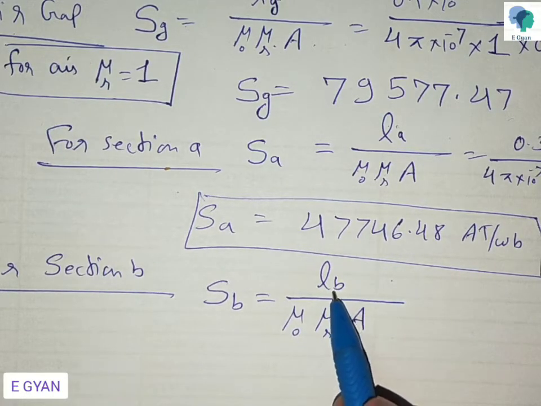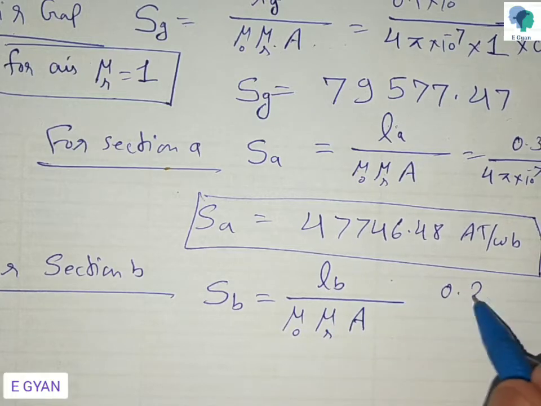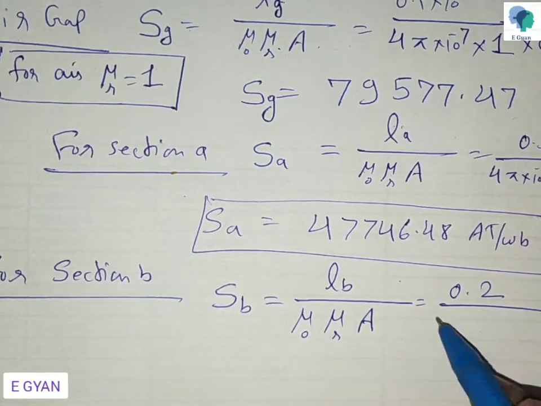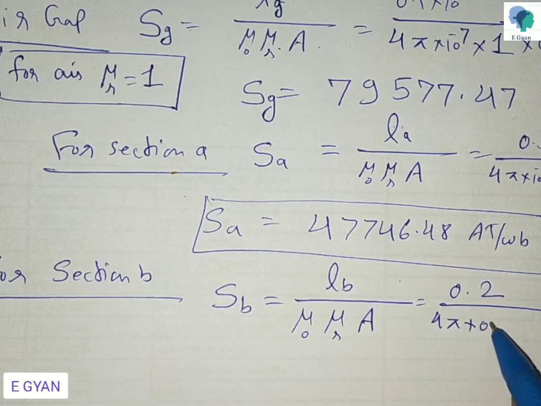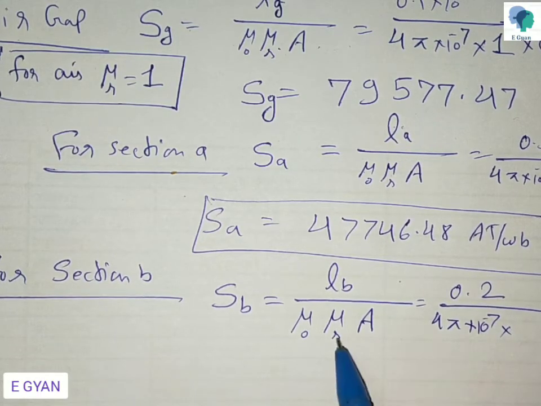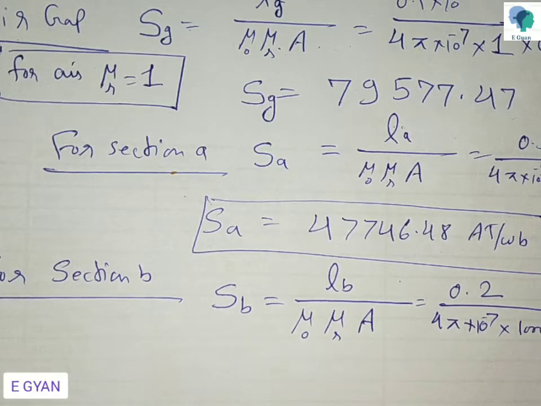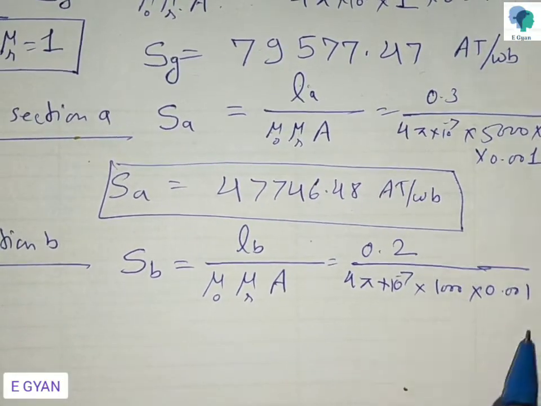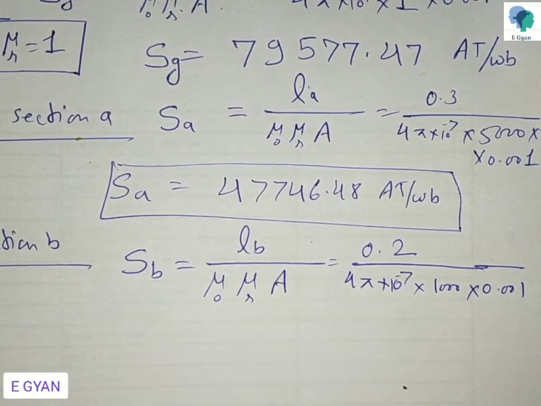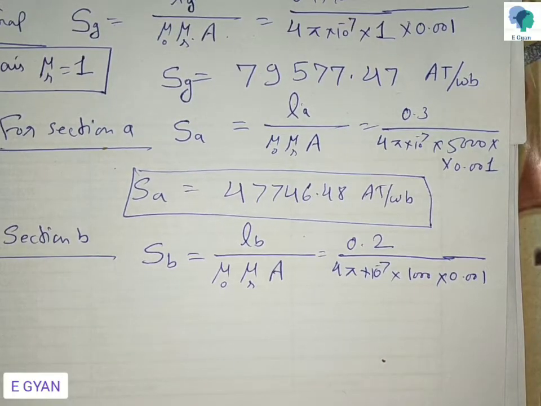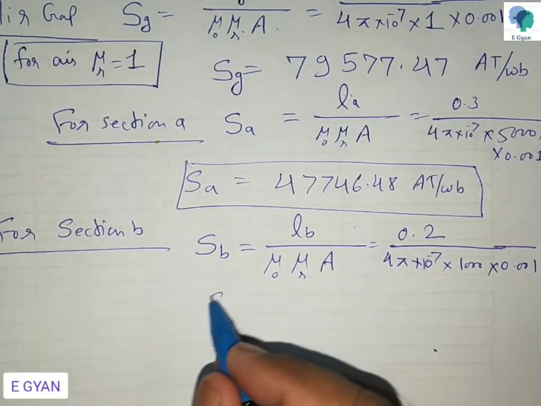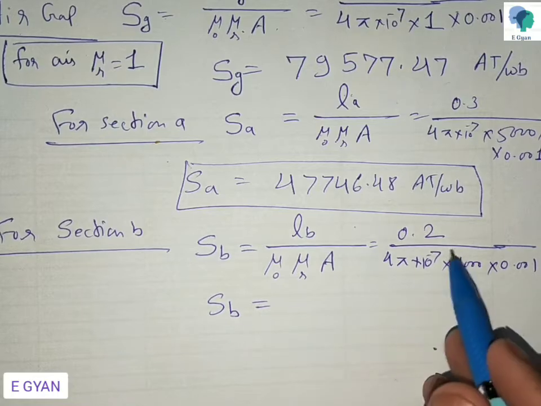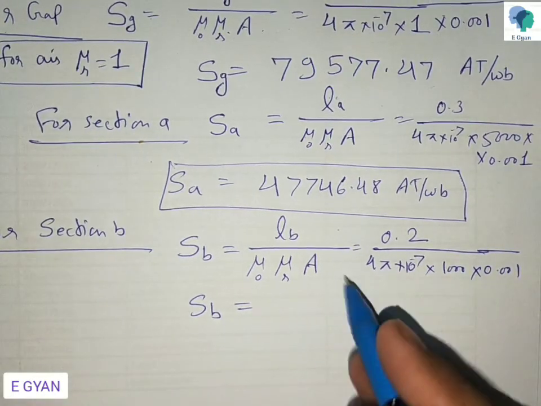For the length of section B, it is given 0.2. Mu 0, we know, is 4 pi into 10 to the power minus 7. We know mu r for section B is 1000, and area is the same everywhere. Substituting all these values, we can calculate S_B also using a calculator.